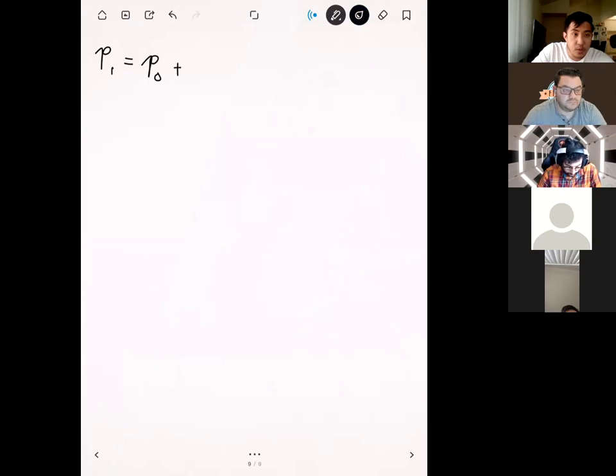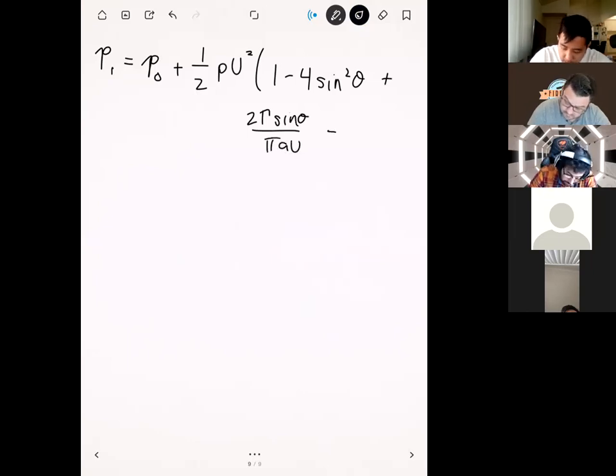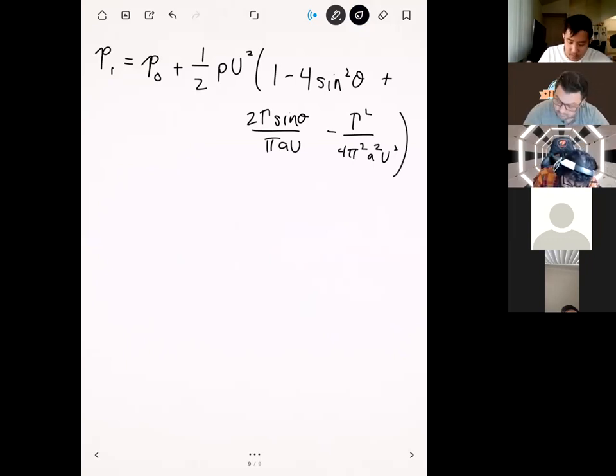P1 is equal to P naught plus 1/2 rho U squared (1 minus 4 sine squared theta), and then plus a bunch of other stuff because we have the rotation now: 2 gamma sine theta over pi A U minus gamma squared over 4 pi squared A squared U squared. It's kind of a beast, but the exact expression is not that important. What we can do is take this pressure and solve for the vertical force.